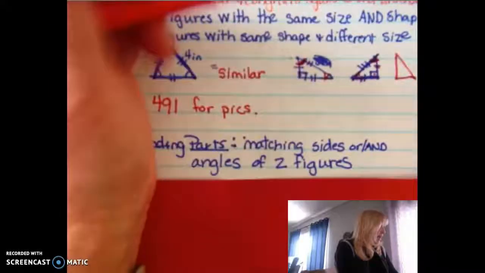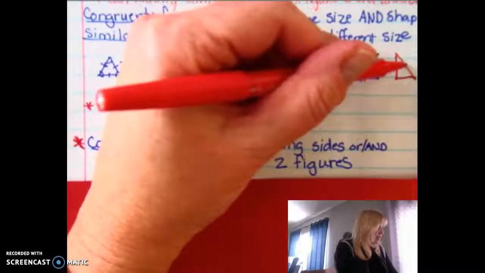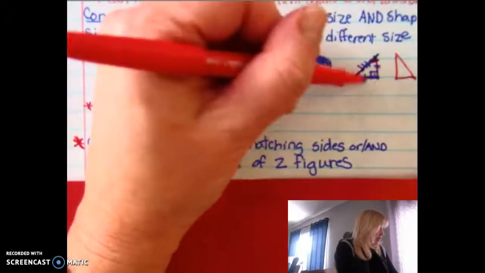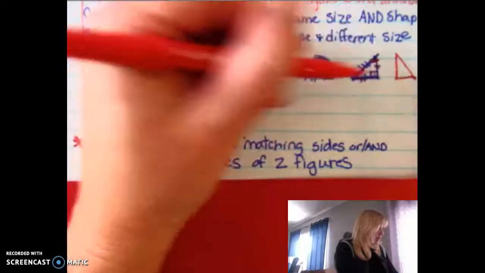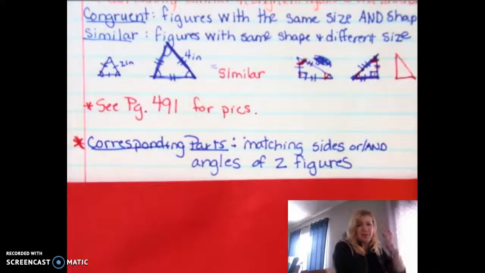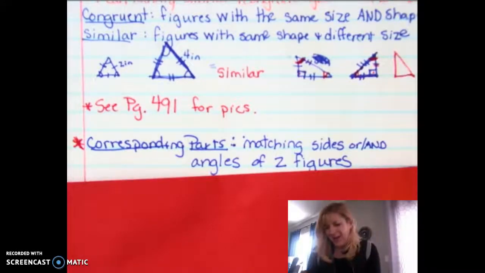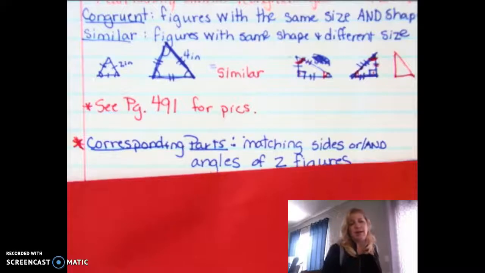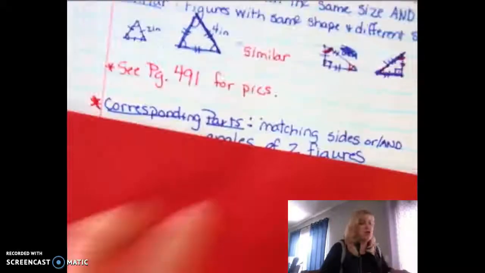So what you'll have to be able to realize is that this is still going to correspond to this, and then this longer side here, this shorter side here is this. So you're going to have to be able to flip and turn things in your mind, much like that game we play called Swish, those of you who are into that game. So I'm going to show you some pictures in the book just because it's difficult for me to draw super accurately.